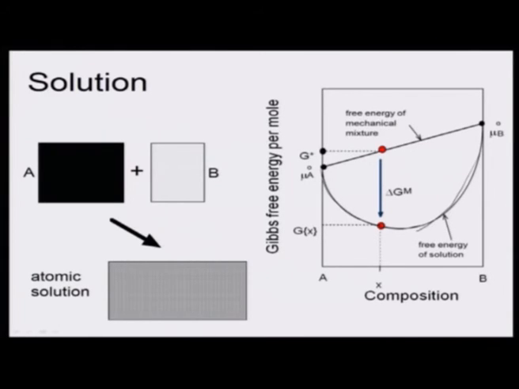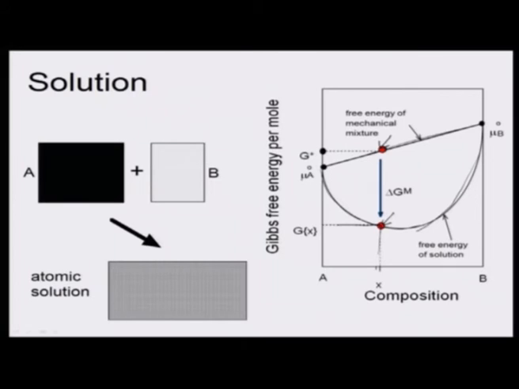So for a physical mixture, the straight line is what you get; for an alloy, or rather a solution, this will be the P energy curve. P energy will be like an inverted parabola, and for any composition the P energy can be given. So what you understand from this picture, before I tell you why the shape is like this, is that if I have a physical mixture, P energy is given by this red line, and if I have an alloy of the same composition, it will be given by this one.